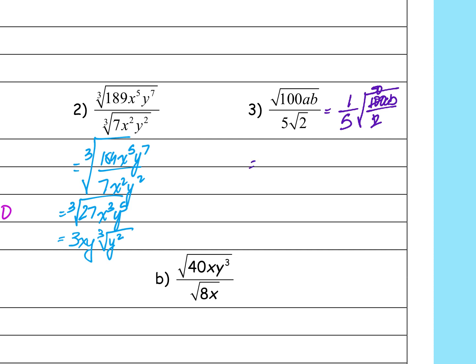So that gives me the square root of 25 times 2 times A times B all over 5, which is 5 square root of 2AB all over 5, or the square root of 2AB. Huh. Okay.